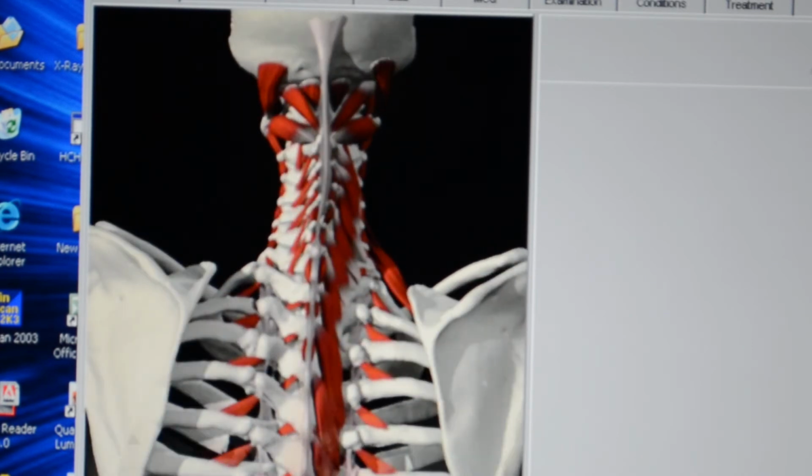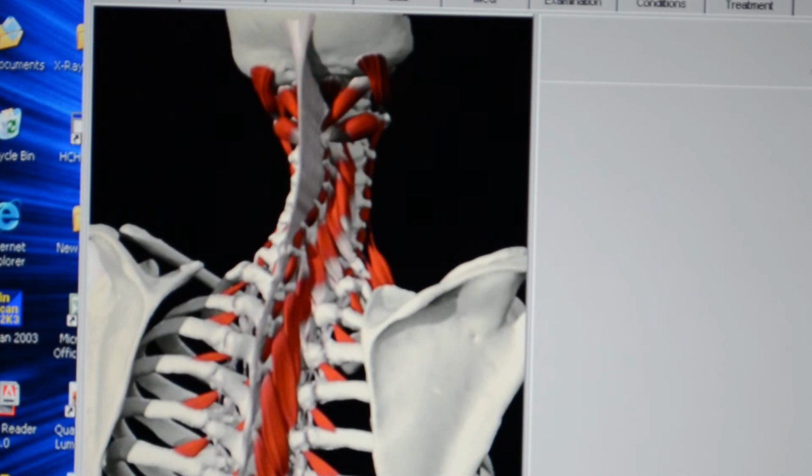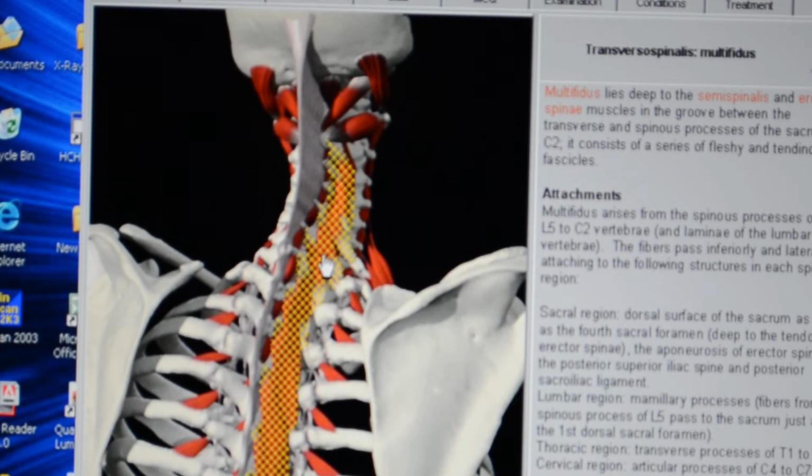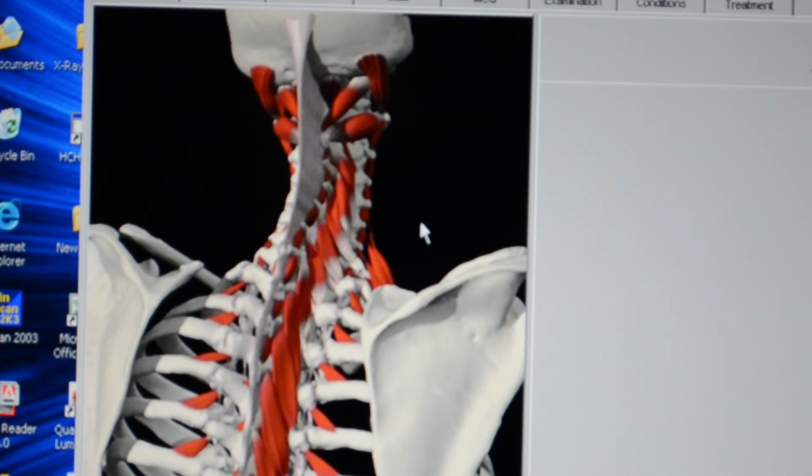So, in going from there, let's just talk about what can happen. What happens is that for whatever reason, whether we are on a computer, doing work at our desks, or involved in work where we turn more to the right or more to the left, we end up fatiguing these multifidus muscles. Now, when you fatigue these muscles, they become less active and they're not as strong.